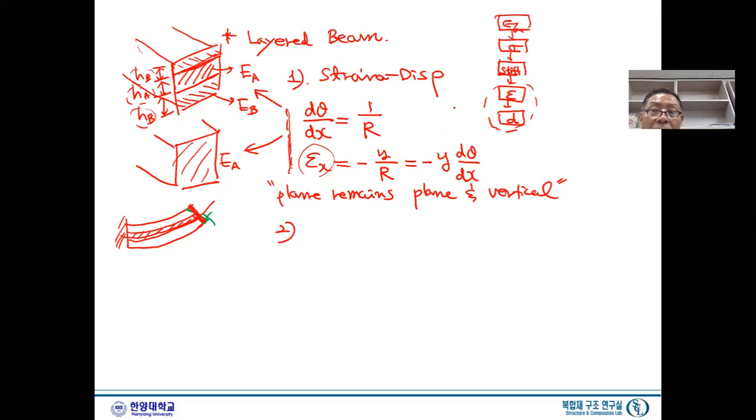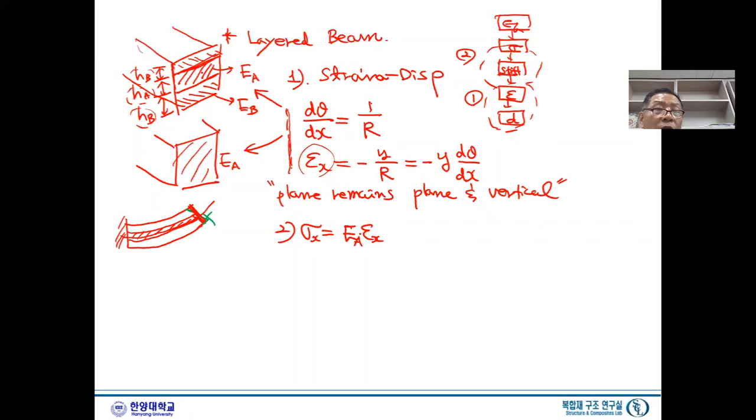Now, second step. This is the first step. What was the second step? The second step is simply sigma x equals Young's modulus E times epsilon x, which also applies to any material. But here we have to keep in mind that we have two different materials, right?